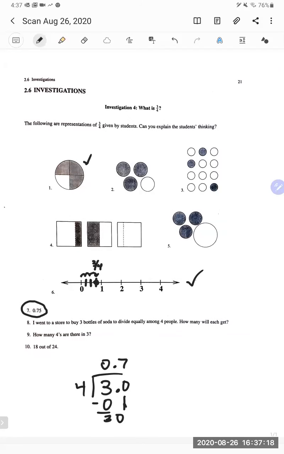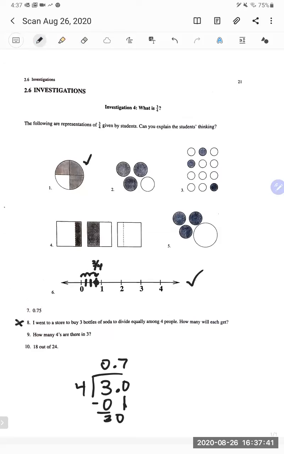Number 8 is a good one. I went to a store to buy 3 bottles of soda to divide equally among 4 people. How many will each get? Oh man, that's so trippy. Give that one some thought.